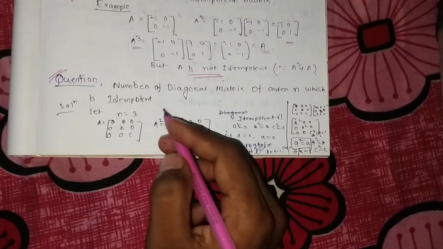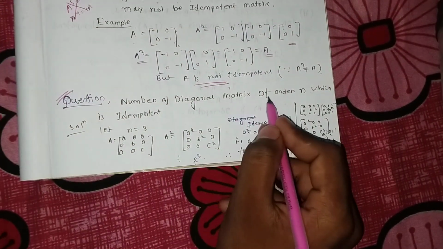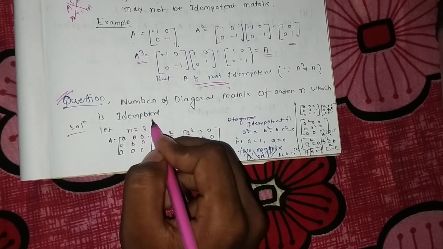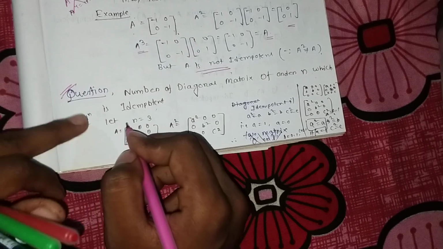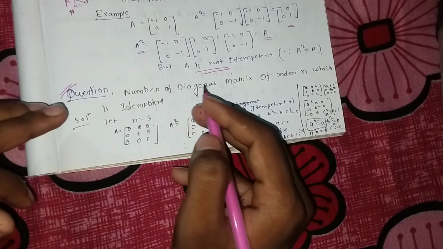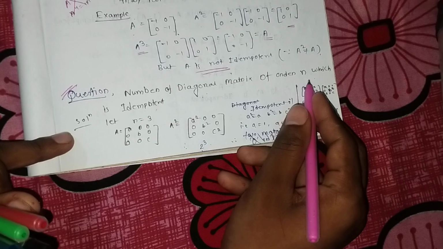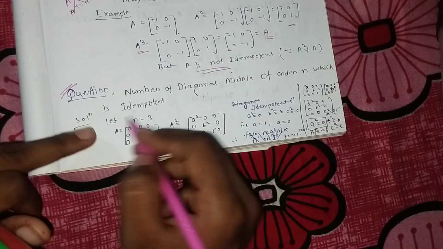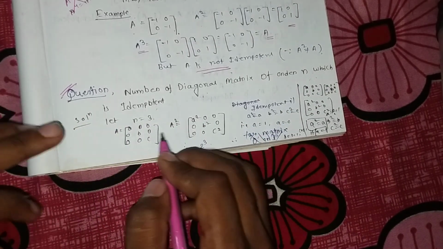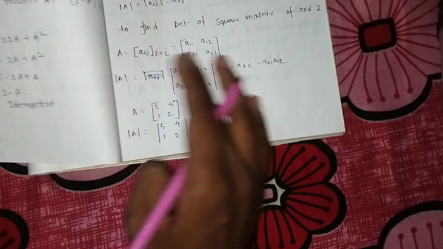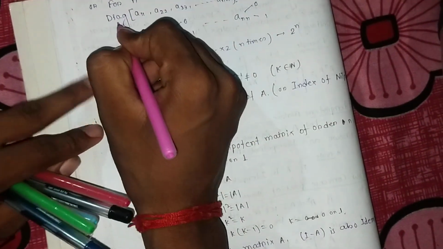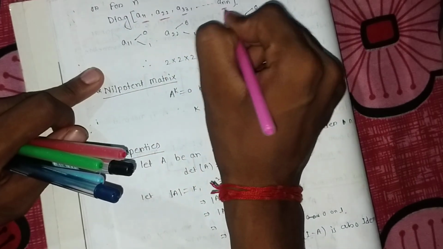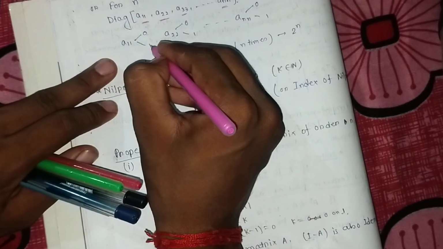Some questions. How many diagonal matrices of order n are idempotent? For a basic example, take n equal to 3. Generally for n, the diagonal is a11, a22, a33, up to ann. Each can be 0 or 1.